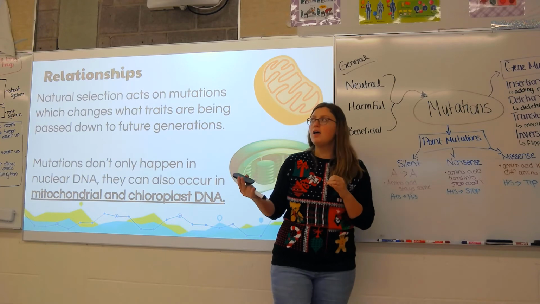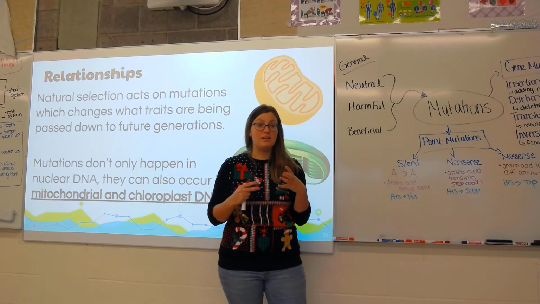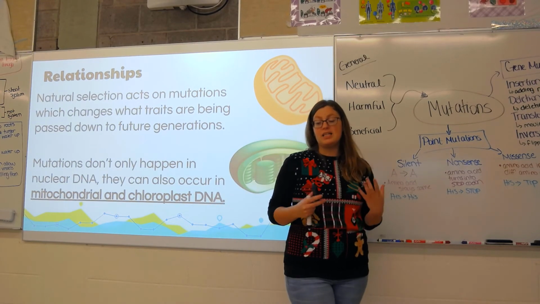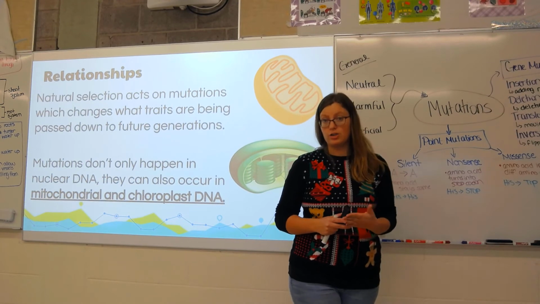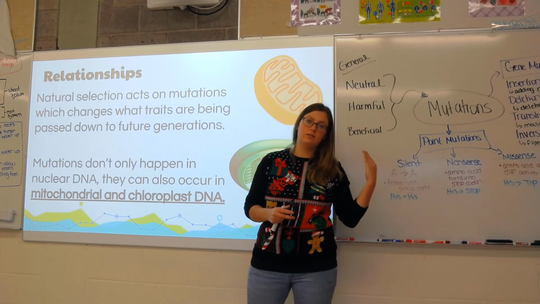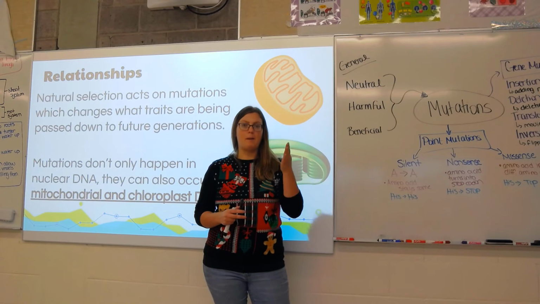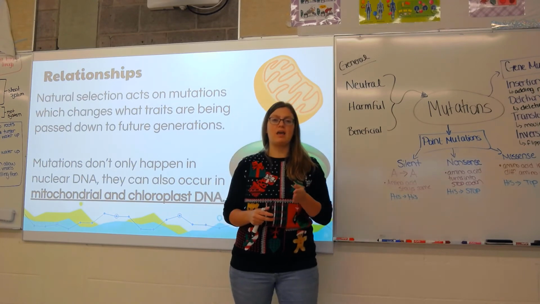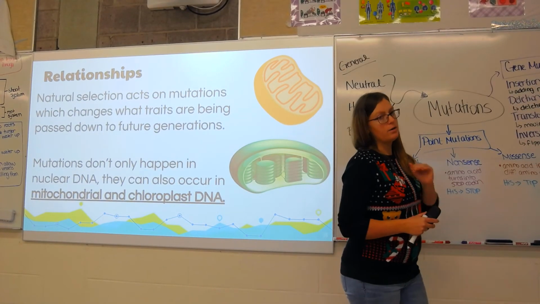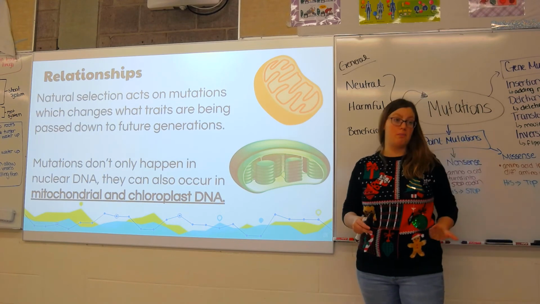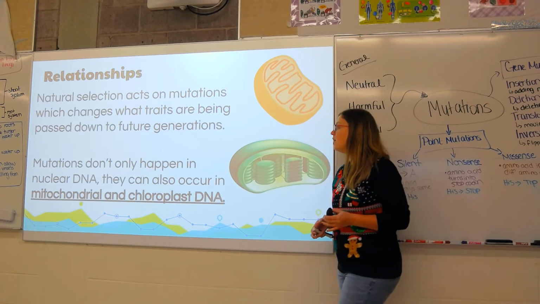That tail does not ever end up in the zygote. So the DNA that you have in your mitochondria is your maternal DNA. It's mitochondrial DNA from your mom, and only your mom, and only ever your mom, for humans anyways.